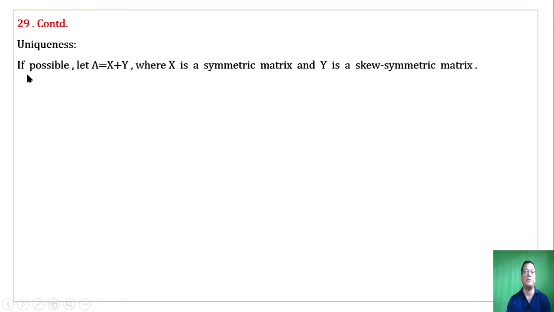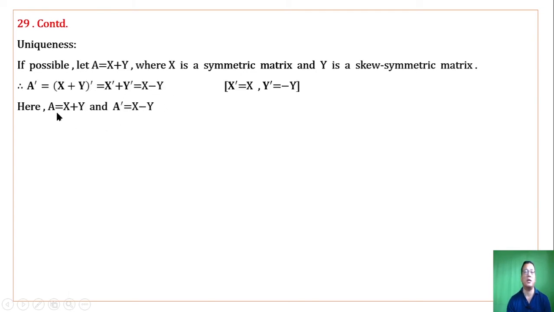uniqueness. If possible, let A equal x plus y, where x is a symmetric matrix and y is a skew symmetric matrix. Taking its transpose, we get this. Here, A equals x plus y and A transpose equals x minus y. From these two equations we get x equal to this, which is equal to p, and subtracting we get y equal to this, which is equal to q.